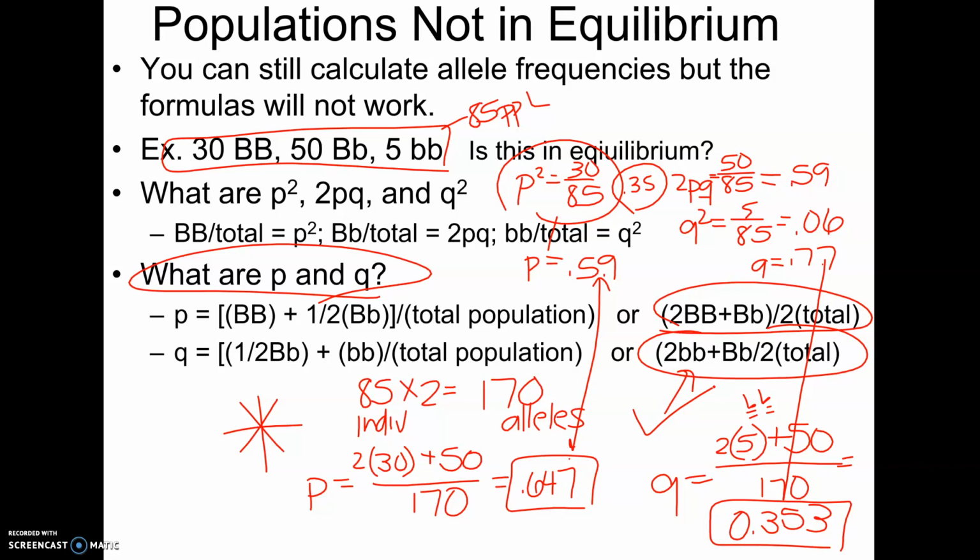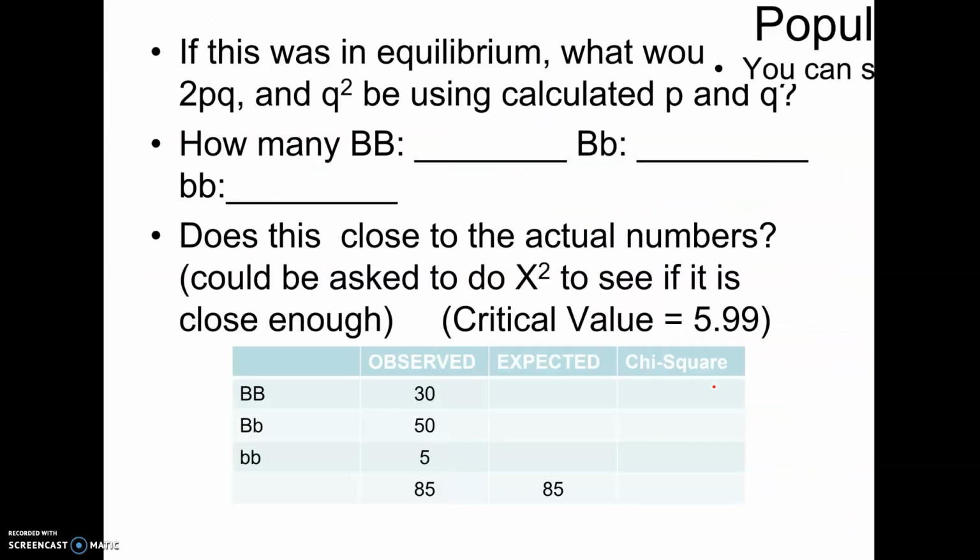You could check other problems that we've done, and you should see that you are going to get the same answer. But in this case, you don't. So that right there, that's already a clue. You could use that as an explanation, that when you calculate P and Q by hand, the accurate numbers of alleles in the population do not match the expected number when you use the shortcut.